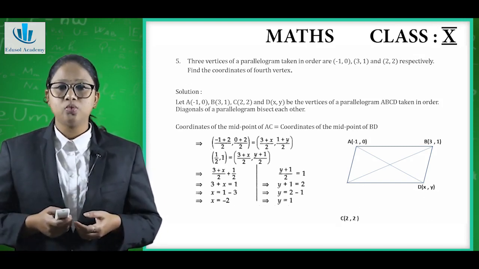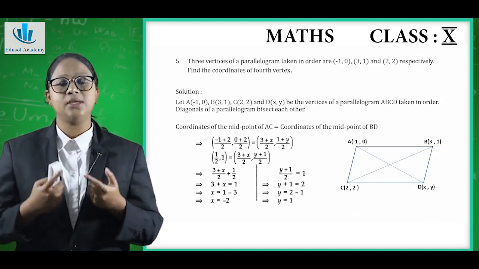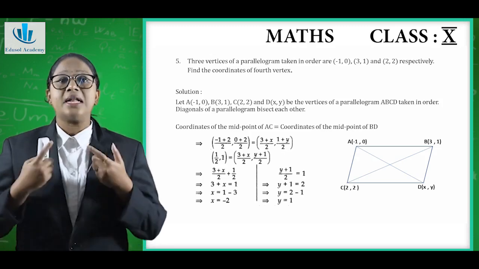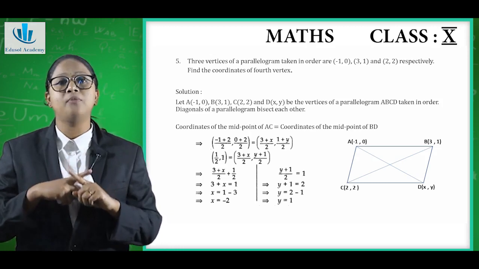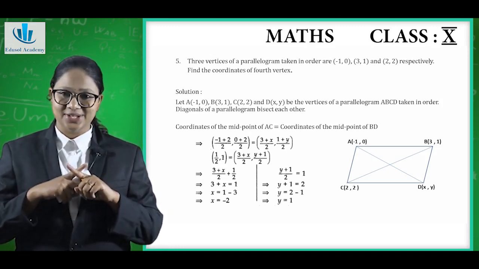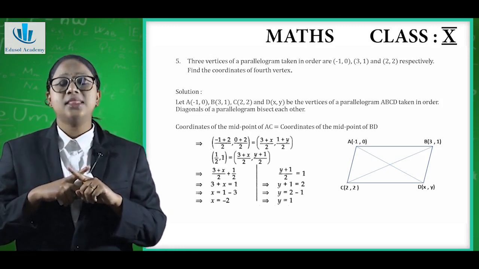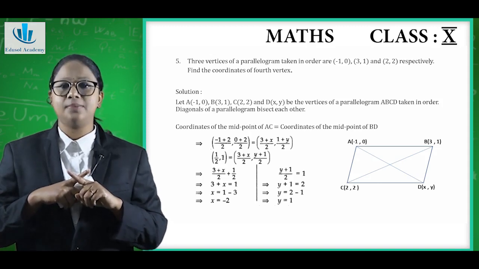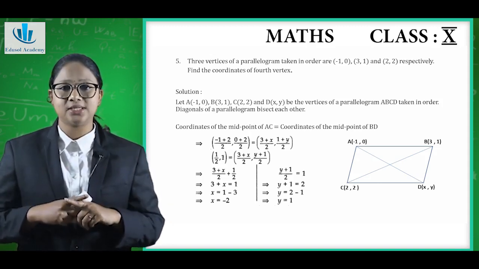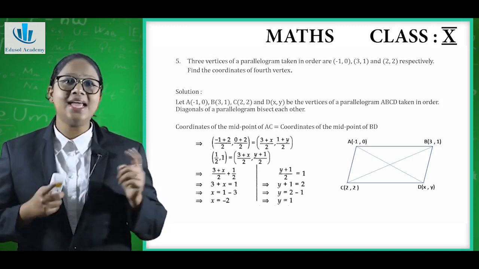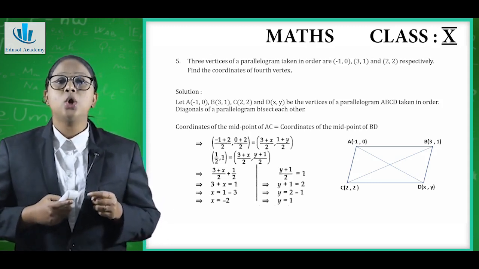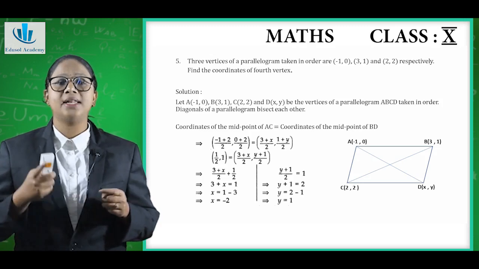You have to apply the property of diagonals of a parallelogram, that the diagonals of a parallelogram will always bisect each other. That means their midpoints will be the same. They will be meeting at the same point. So we can say that coordinates of midpoint of diagonal AC will be equal to coordinates of midpoint of diagonal BD.